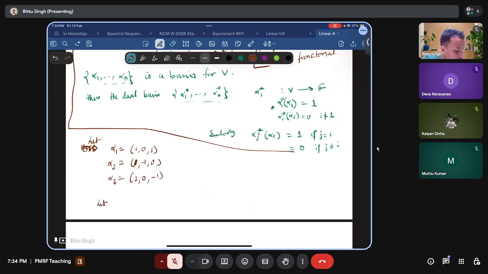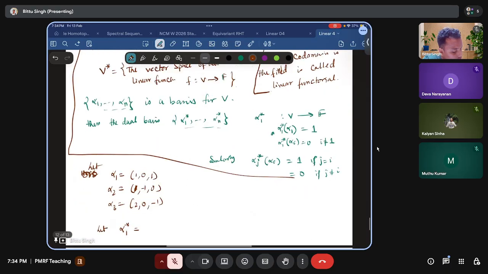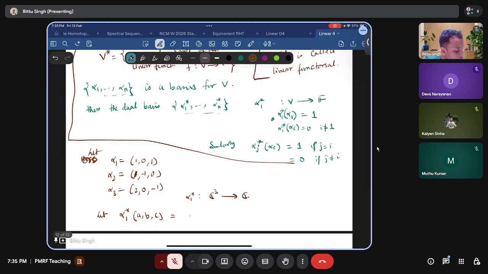Let alpha 1 star applied at (a, b, c) be a function from C3 to the field C. Let alpha 1 star applied at (a, b, c) be the same as a x1 plus b x2 plus c x3.